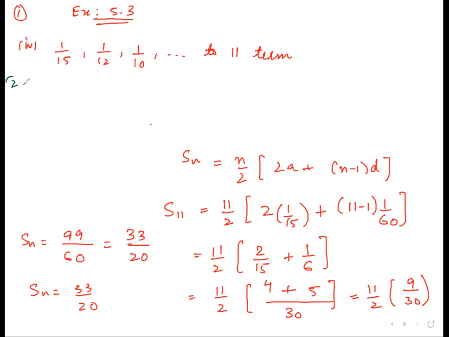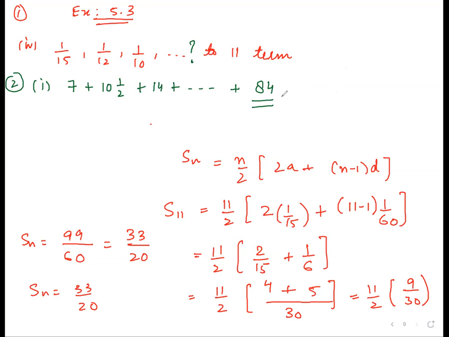In question number 2, the given series is 7 plus 10 1 by 2 plus 14, and so on, plus 84, right? Look at the first part: there was no last term there, but here the last term is mentioned. So you can use the formula with A plus L.